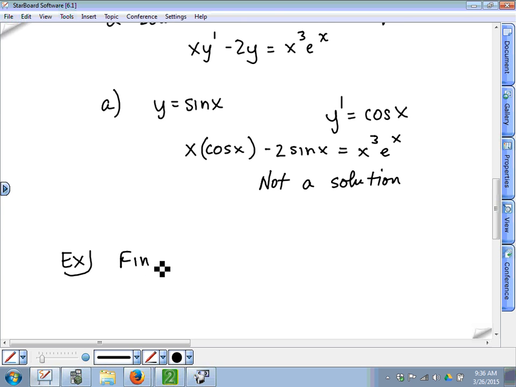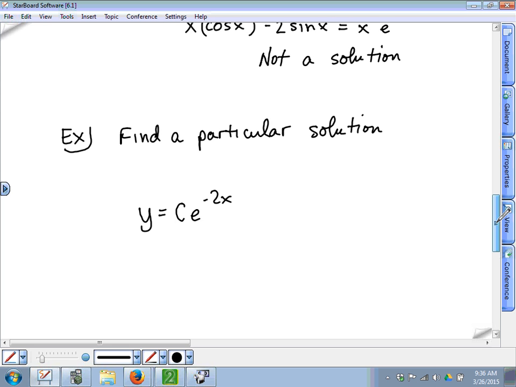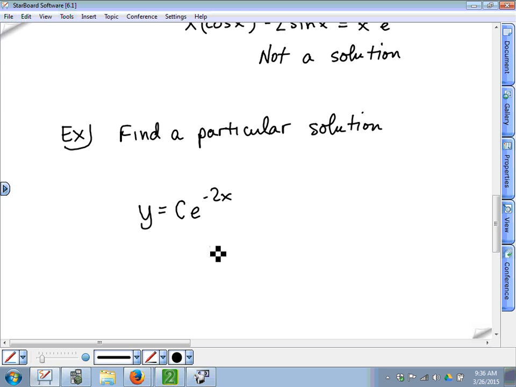Let's find another particular solution. Okay. y equals Ce to the negative 2x. Two parts to this problem.